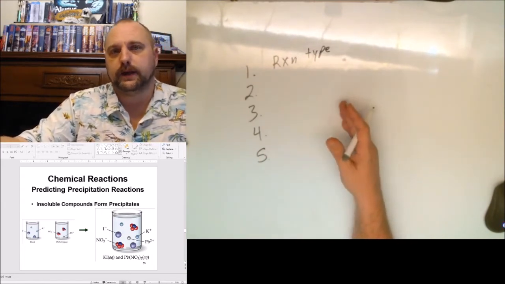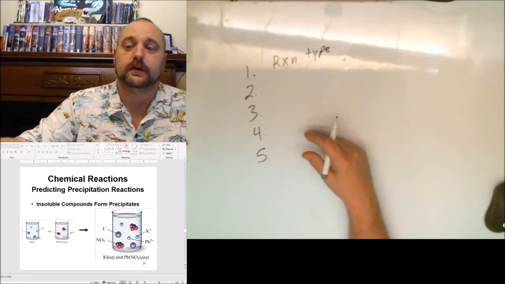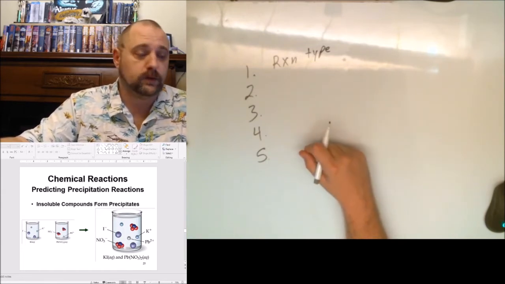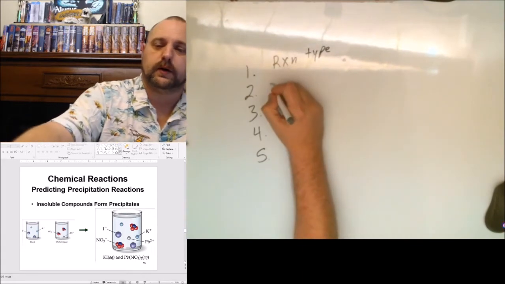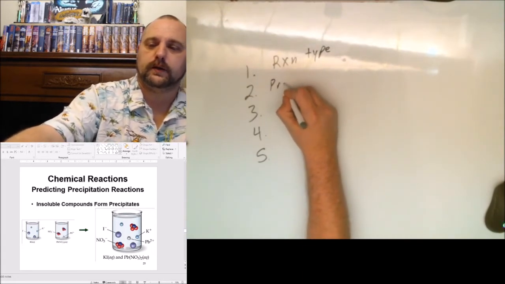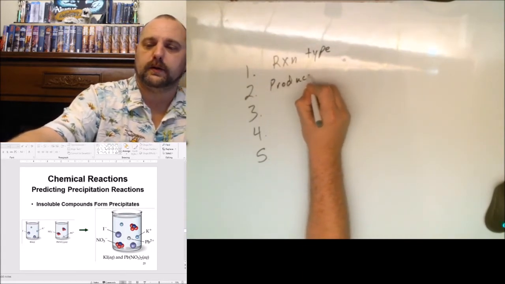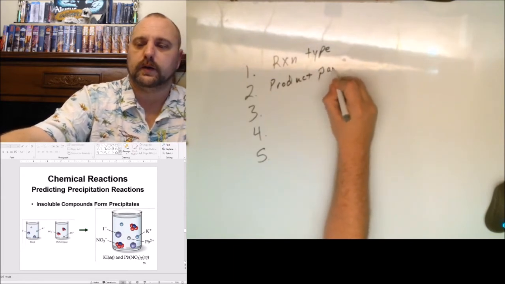So decide, is it single displacement, double displacement, and so once you figure out the reaction type, that'll help you predict the product parts.